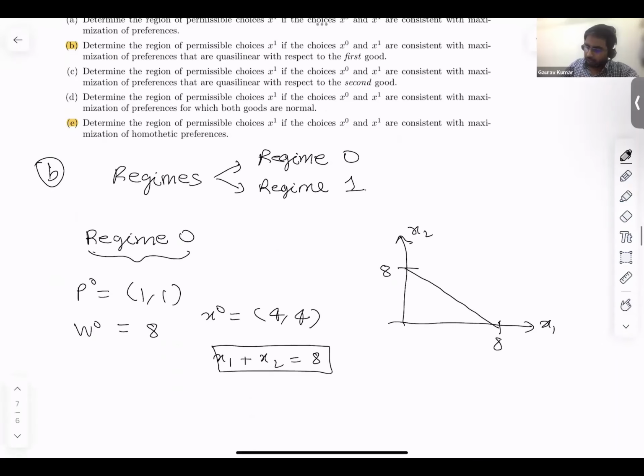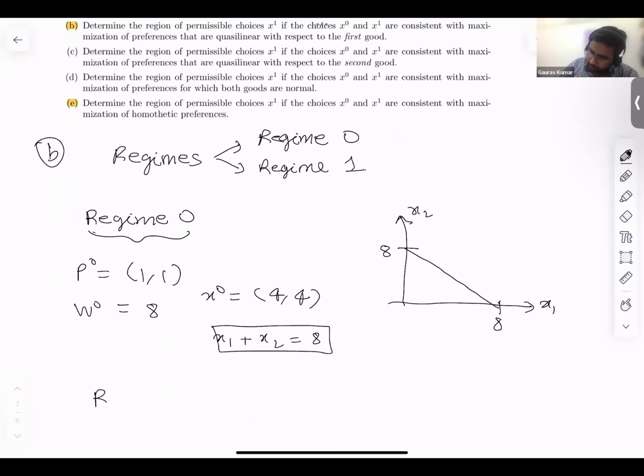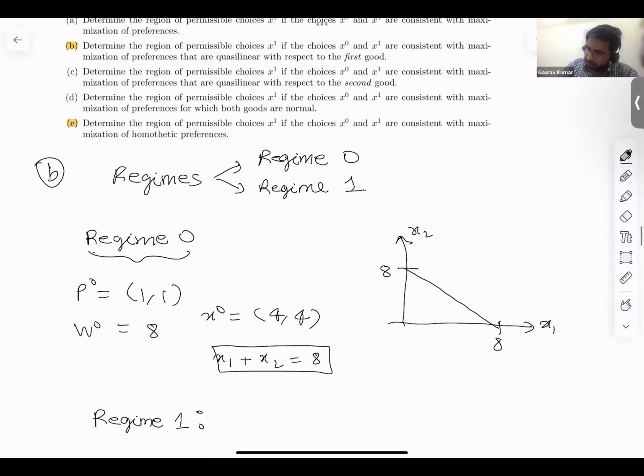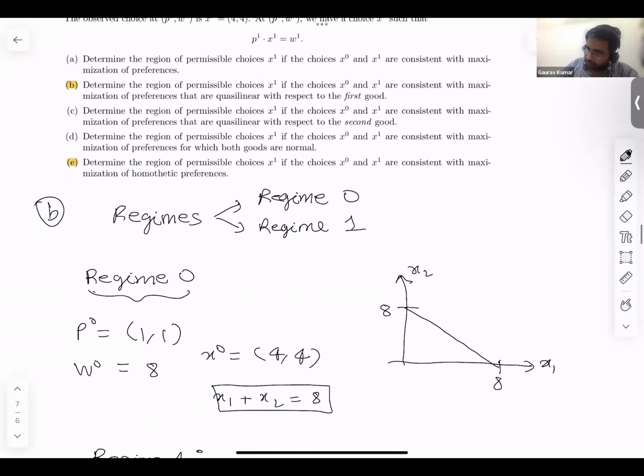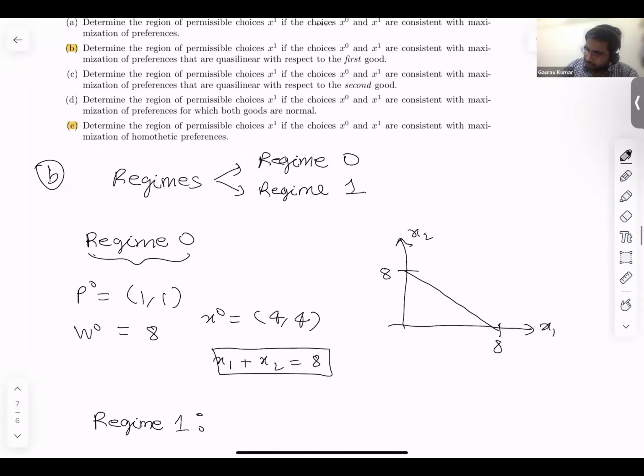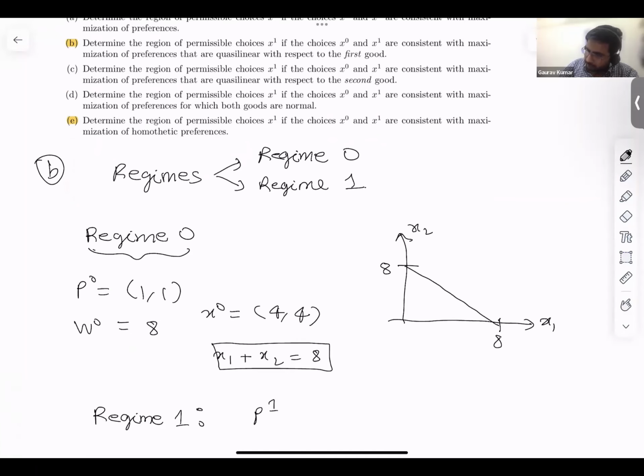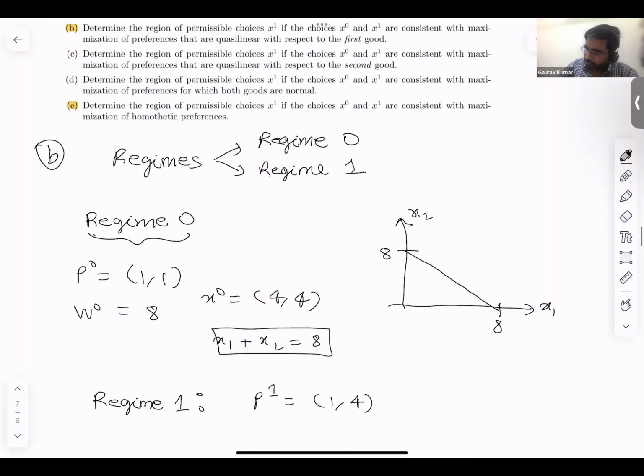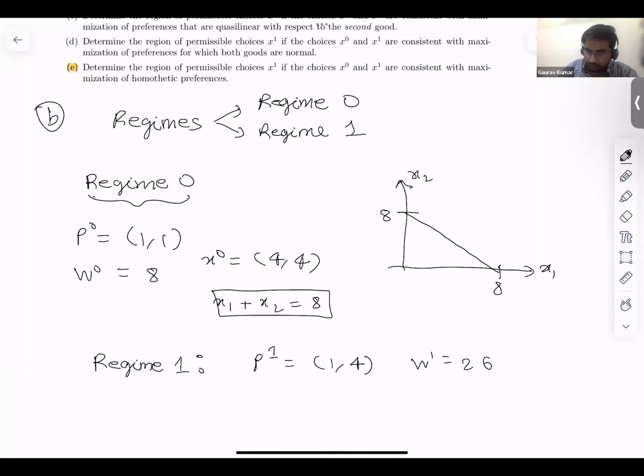Now we move to regime 1. The price vector in regime 1 is 1 comma 4, and the income in regime 1 is 26. So the budget constraint for this regime is x1 plus 4x2 is equal to 26.